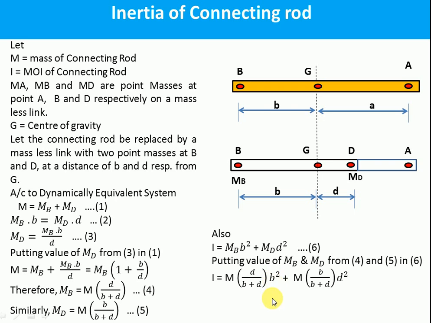Take Mbd common, we have b plus d upon b plus d, which is equal to I, which is equal to Mbd. Let it be equation 7.